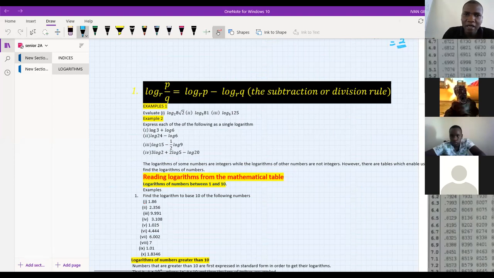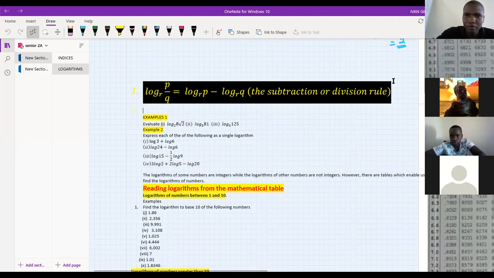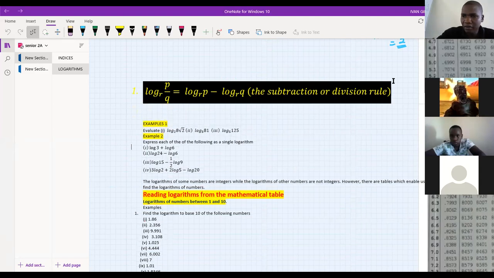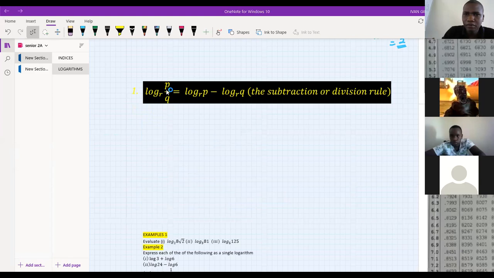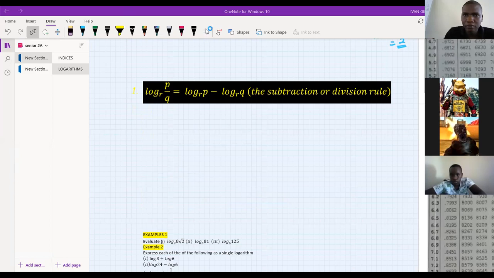When you're subtracting two logarithms, let me just give you a simple illustration here. So let's say you have, let me pick my pen.